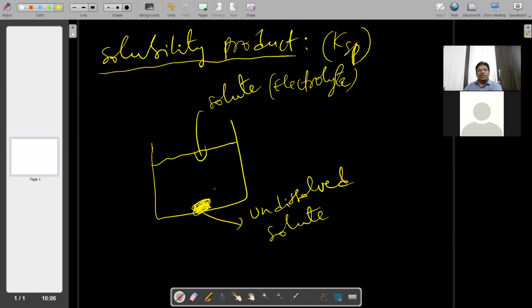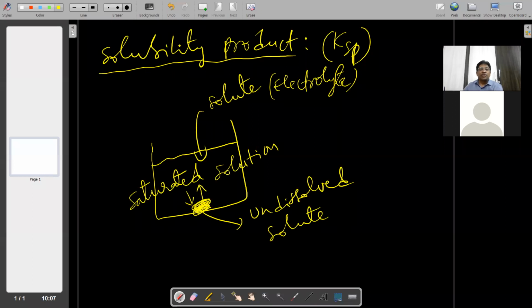Now whenever the solution is in contact with the undissolved solute, what is that type of solution called? Saturated solution. So a saturated solution is nothing but the solution which is in contact with the excess, undissolved solute. In this saturated solution, there will be dynamic equilibrium.